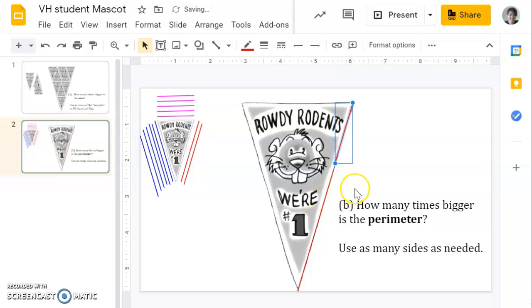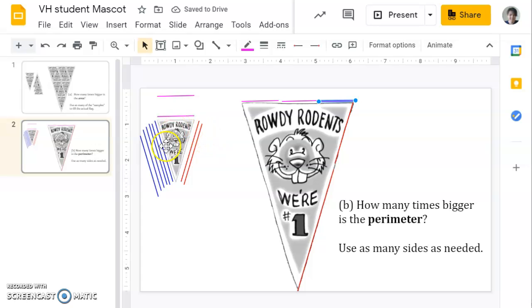That fits. What about the top? I can move that and fit in another, and another.